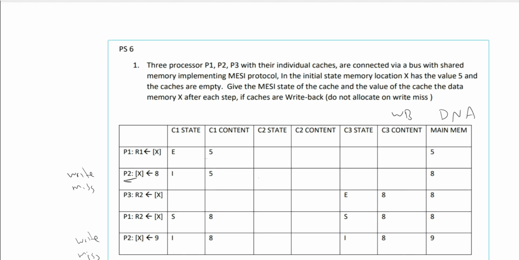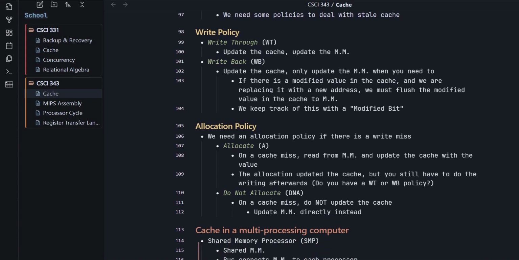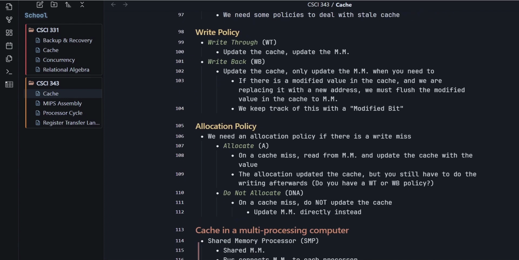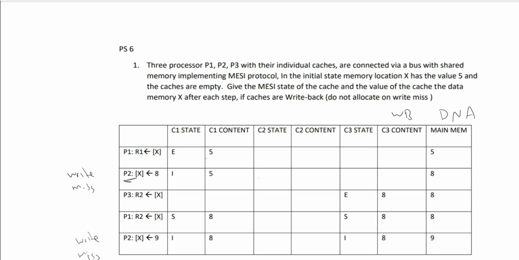Let me think. In what situation would the cache have something newer than memory?